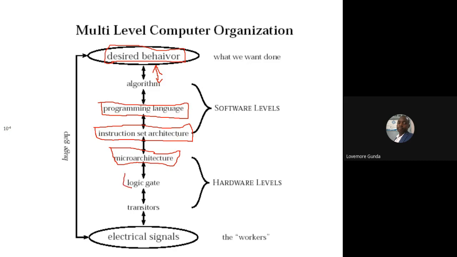Then we have what are called the logic gates, whereby now we have a function being defined as an AND, OR, and so on and so on. And these will be activated through the transistors. And the transistors have electrical signals that are actually passing between the memory locations and so on and so on.